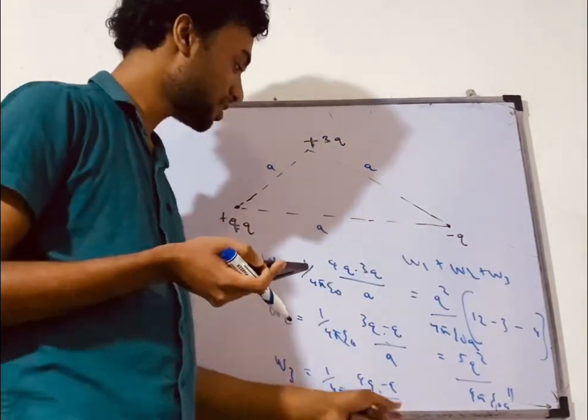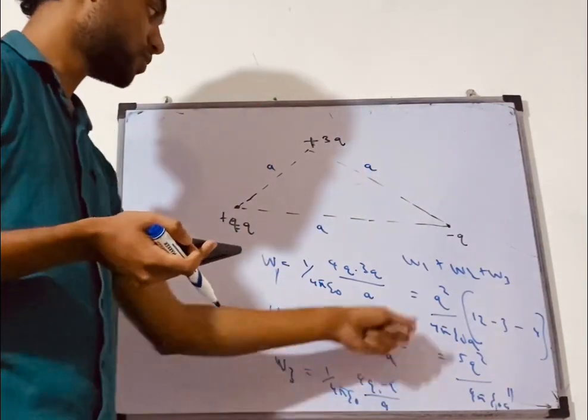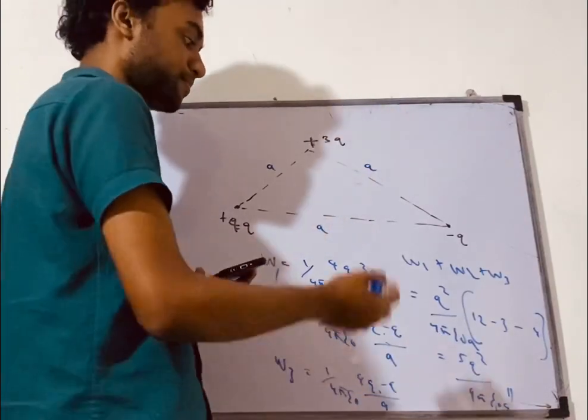That clear? I think you understood this. So Q squared over 4 pi epsilon naught A is the common factor. Got it?